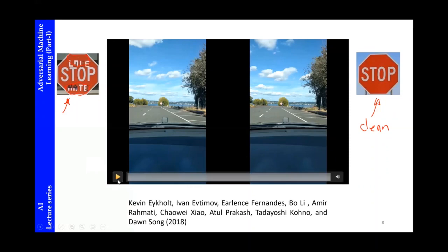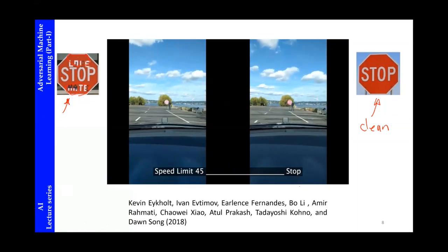We have a self-driving car which moves forward and has two different detections from the two different stop signs. Let's play the video and watch it together.